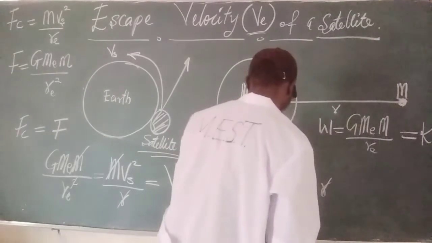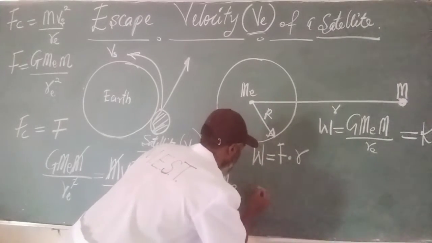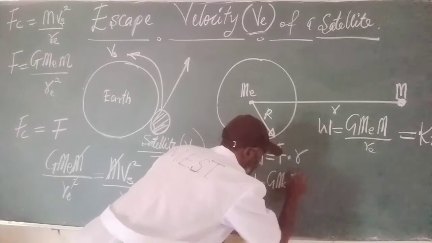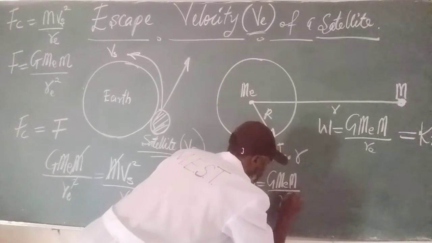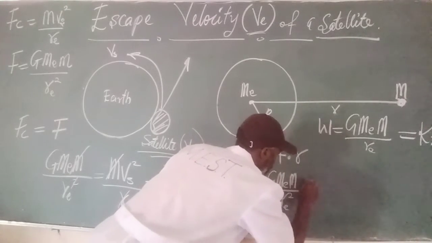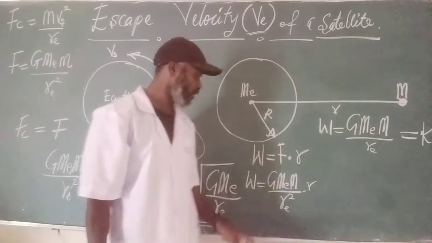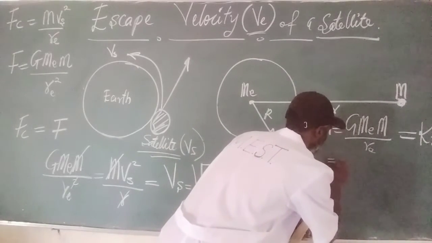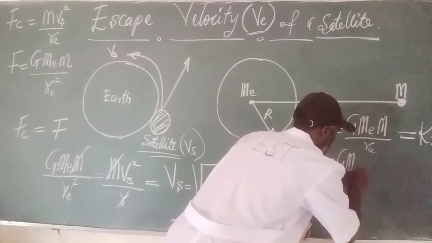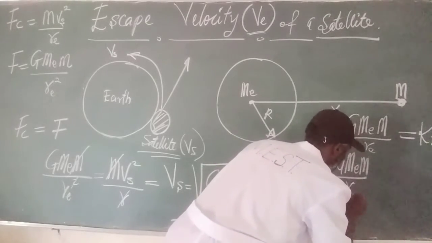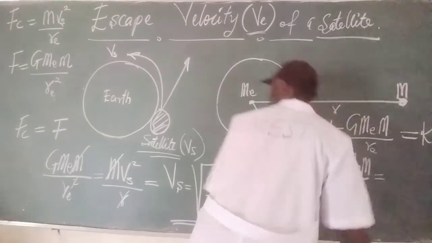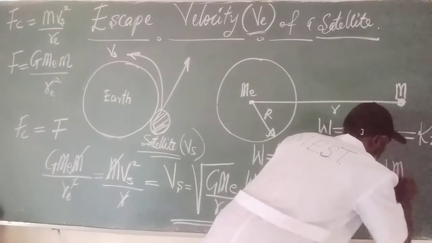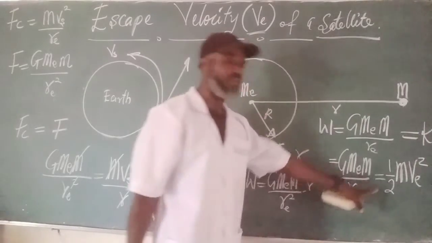If that is not clear, I can still restate it once again to make it clearer. So what we need to do at this point, let me shift a bit. The work is equal to G Me m over R squared times R. So finally we have that it becomes G Me m over Re is equal to half m Ve squared.